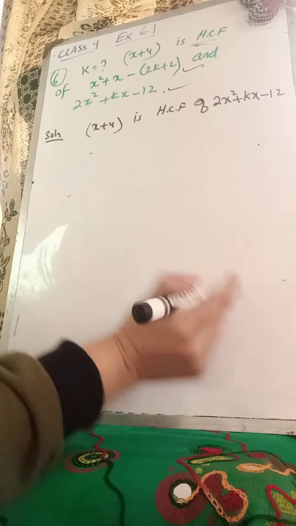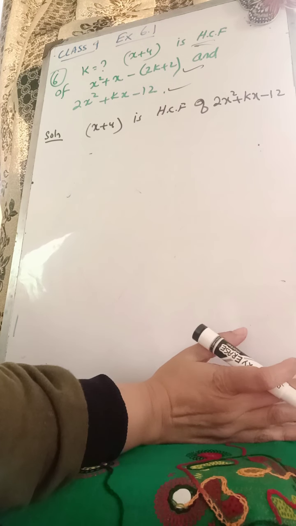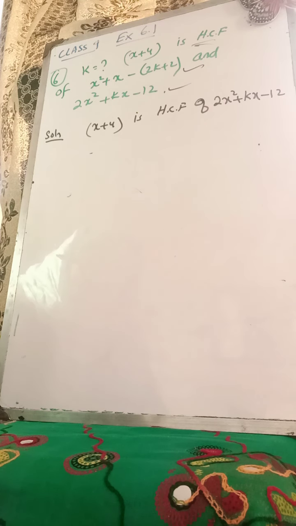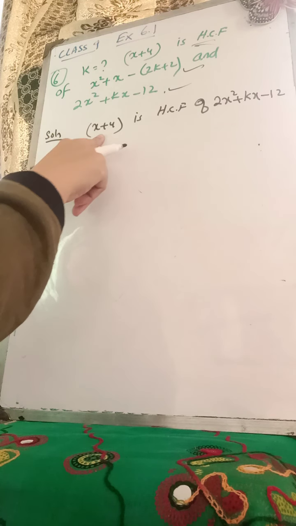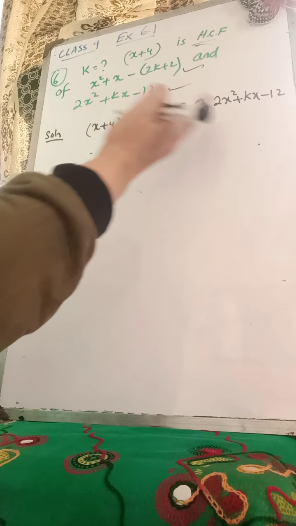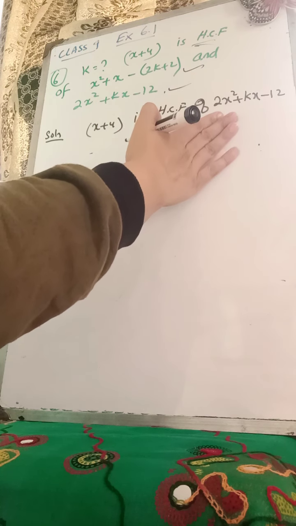Now in the previous videos we have learned about the remainder theorem and the factor theorem. From those videos we know that if any linear divisor is a factor of the polynomial, then the remainder must be equal to 0.